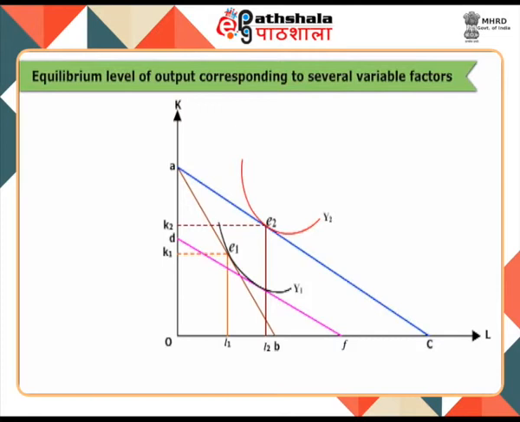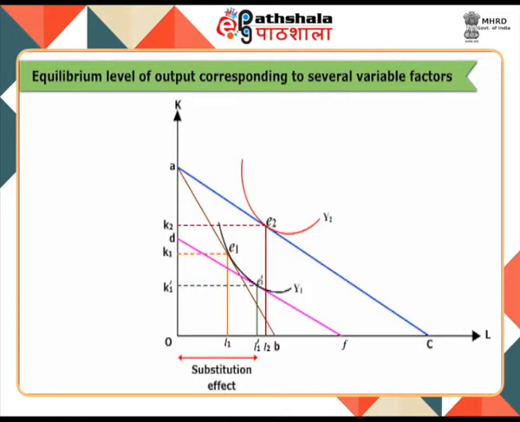The new isocost line DF is tangential to the isoquant Y1 at E1 dash. The movement from E1 to E1 dash happens due to the substitution effect. This implies that when the wage rate falls, the firm substitutes more labor in place of relatively costlier capital. The firm increases the level of employment from OL1 to OL1 dash.